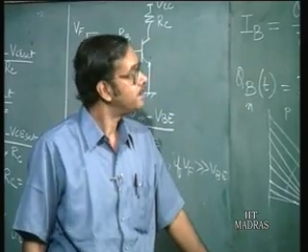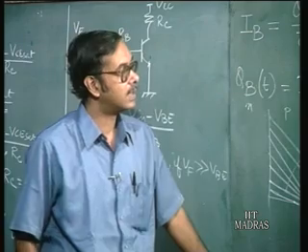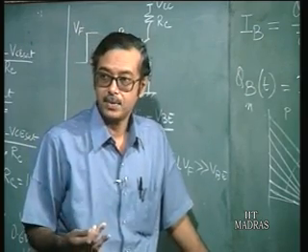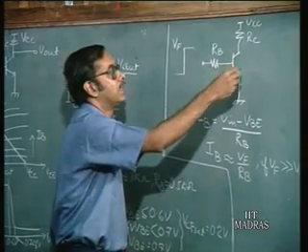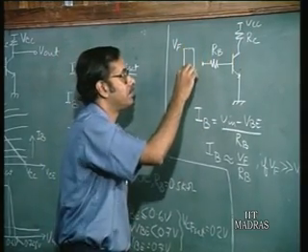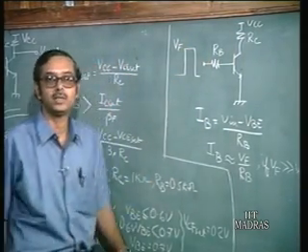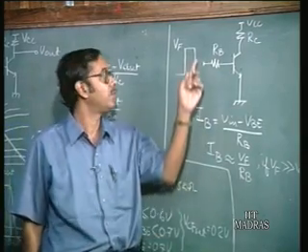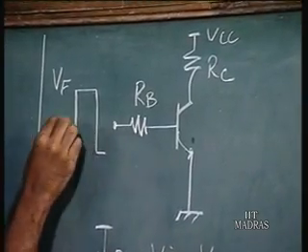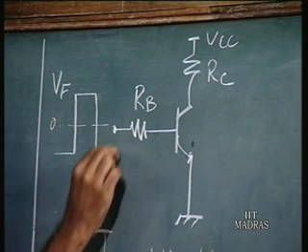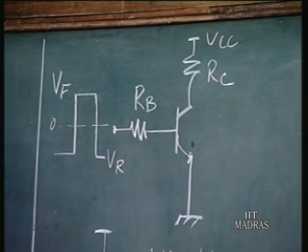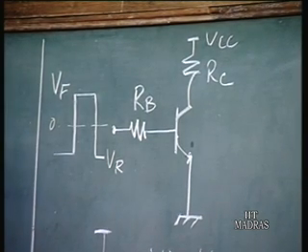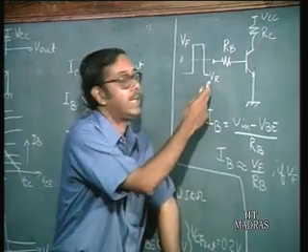Now, we have to look at the other case, that is from this, you apply voltage now, from Vf, say this is 0, let this be Vr, that is a reverse voltage is applied, a negative voltage is applied.